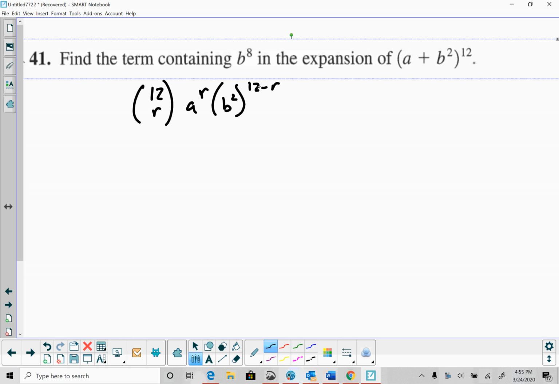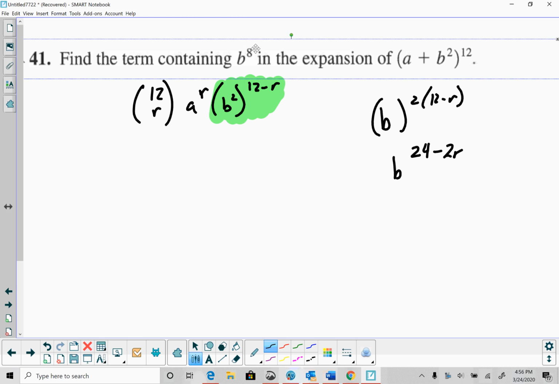So now if we just for a moment concentrate on this portion of it here. Again, our rules for exponents means this is b to the 2 times 12 minus r power, which means it's b to the 24 minus 2r power.